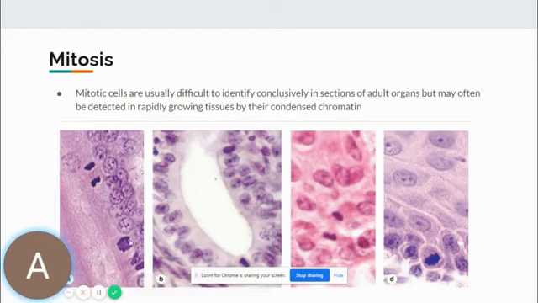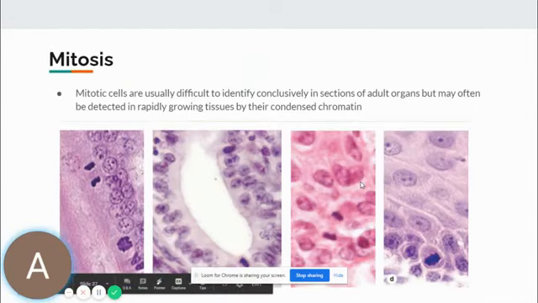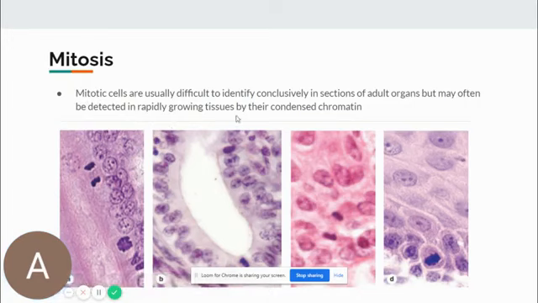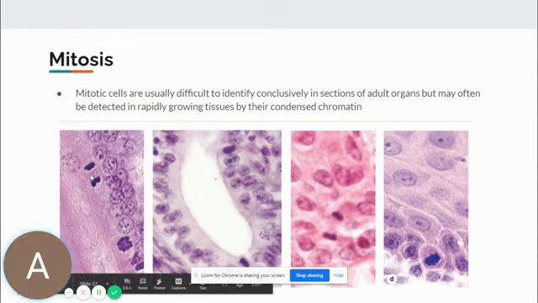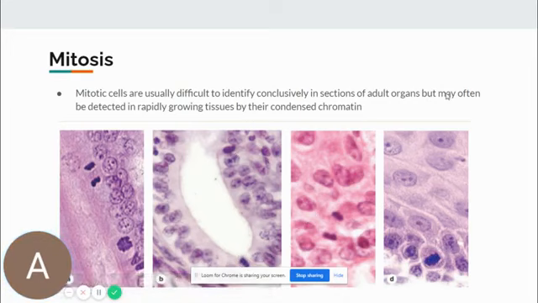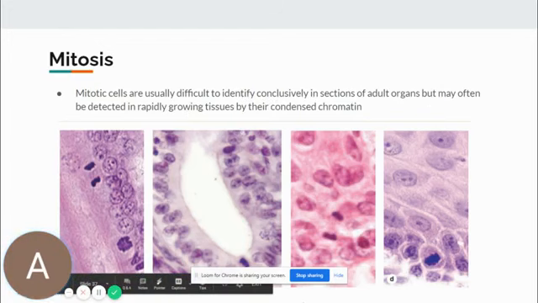So if you can see here, like I said earlier, mitosis is the only part of the cell cycle which can be distinguished in light microscopy, remember? So here you can see the densely packaged nucleus. That's mitotic activity. This one is not so clear, but here is mitotic activity. Mitotic cells are usually difficult to identify conclusively, but may often be detected in rapidly growing tissues by their condensed chromatin.